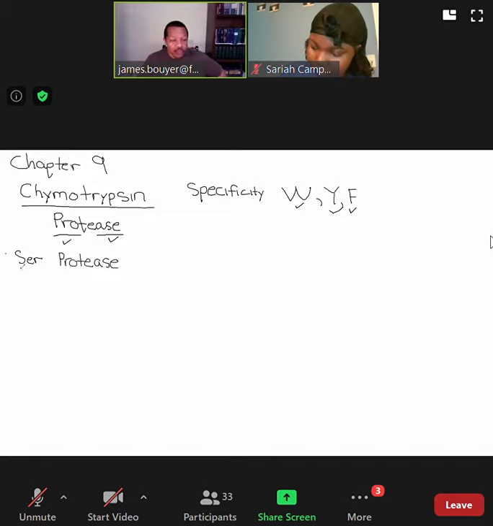Without that serine, you don't get the covalent bond with the substrate, you don't get activity. So a serine protease is an enzyme where you have in the active site a serine that will make a covalent bond with a substrate, and you have to have that covalent bond in order to have activity.